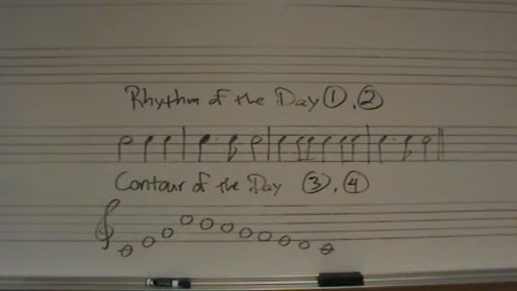Okay, so focus on the melodic contour and see if you can quickly figure out what that is and get this one down. 1, 2, and 3, and 4. All right, you can pull the slider back and listen to that again if you want to.